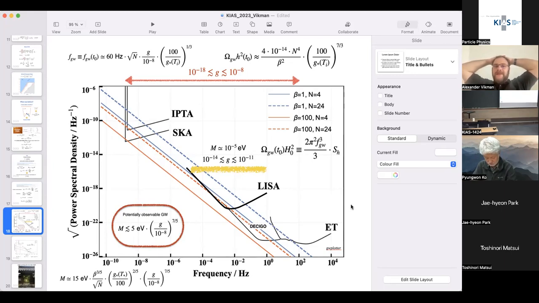And in F gravitational waves, it's normalized by this 10⁻⁸, so that G is less than freeze-in, and has interesting values for observations. The frequency of gravitational waves which we want to observe is always less than 60 Hertz, multiplied with the square root of the number of degrees of freedom there.